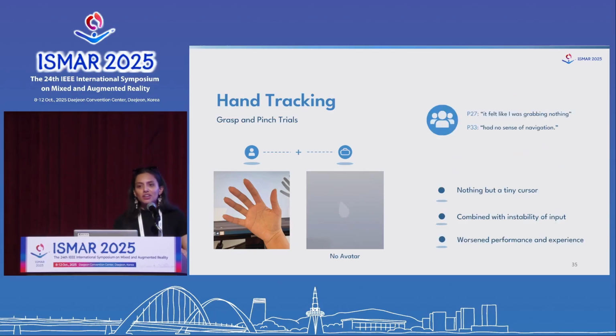The no avatar left them with nothing but this tiny little cursor that they have to depend their whole performance on. Participants stated that it honestly felt like they were grabbing nothing. They were lost in navigation within the virtual space. So by combining that with the natural instability of hand tracking, it just worsened their overall performance.